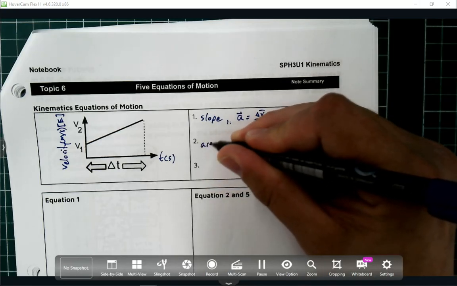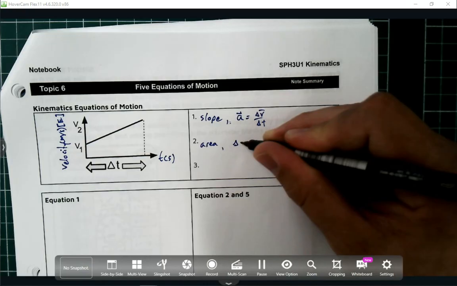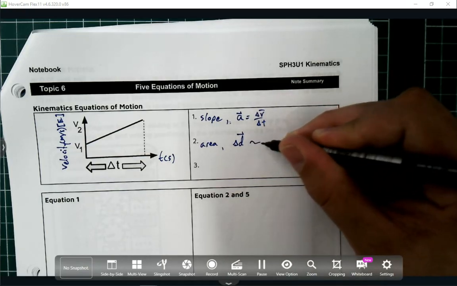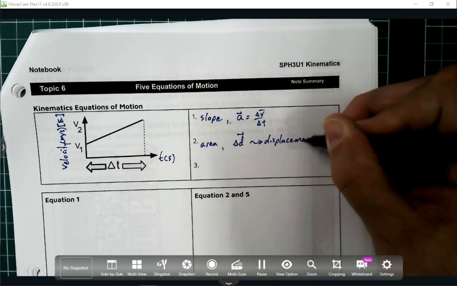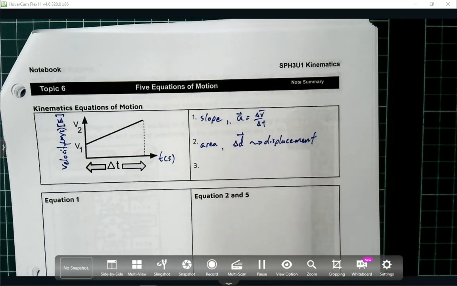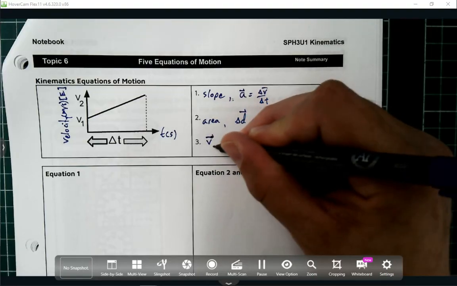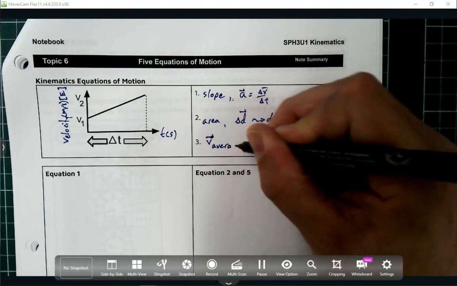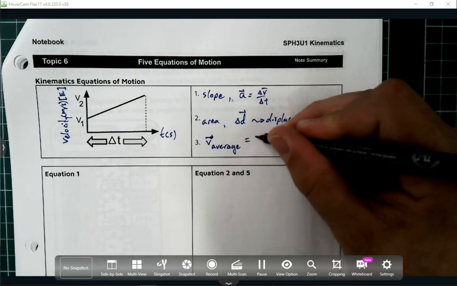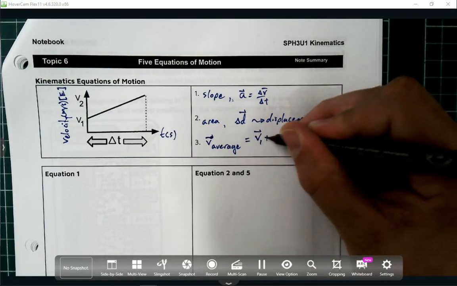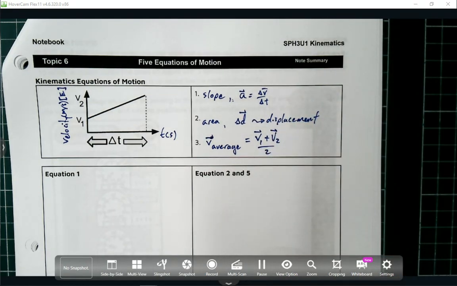We also said previously in other lessons that the area under a velocity time graph is the displacement. And once upon a time, we also said that sometimes we even think about the average velocity, V average, which I said usually I'll write as VAVG for short, could be thought of as V1 plus V2 divided by 2, just sort of like a mean calculation way of talking about it.